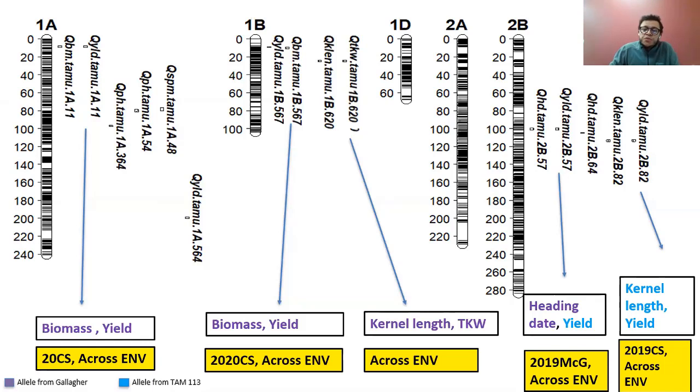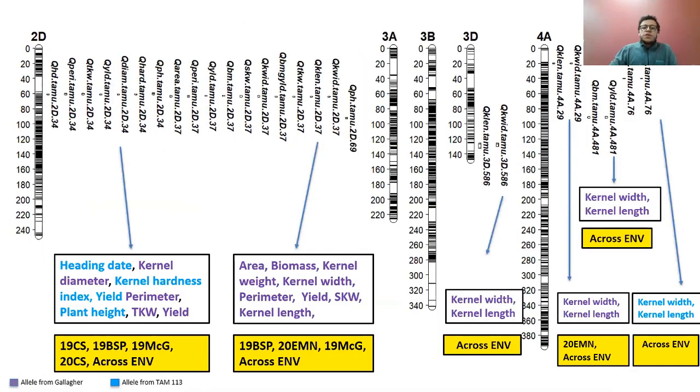So we have 4 more pleiotropic QTL on that page. The QTLs on 2D are very close neighbors to each other. The first one is on 2D at 34 megabase pairs, affecting multiple traits like heading date, kernel diameter, kernel hardness index, perimeter, 1000 kernel weight, yield, and plant height.